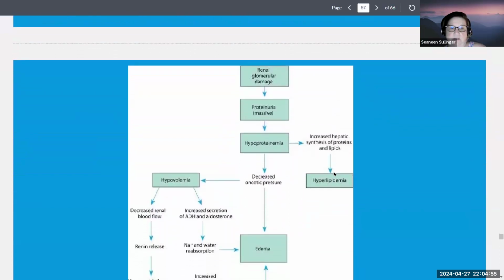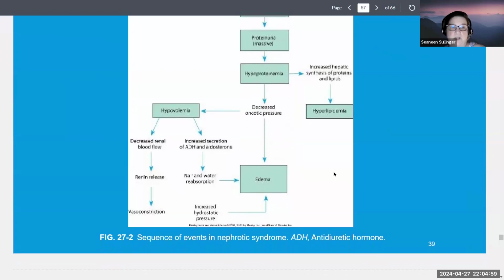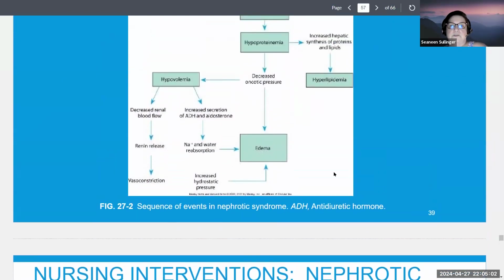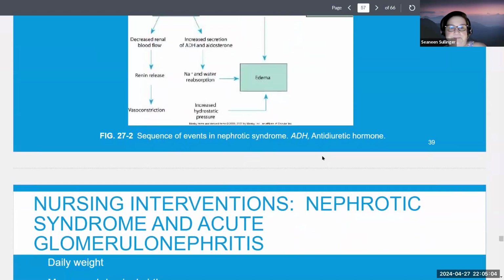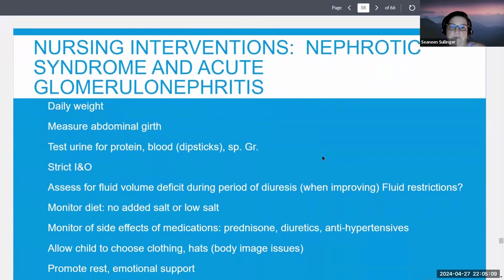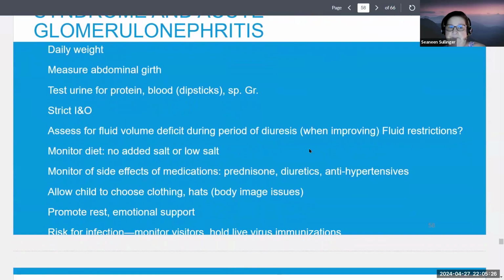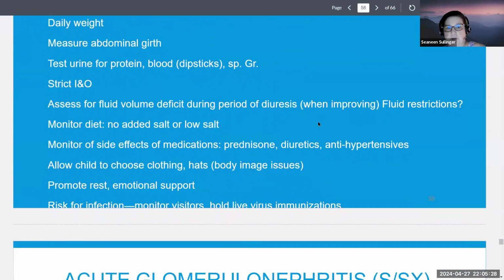This is just a diagram in case it helps you understand where the edema comes from in terms of the pressures, because you do also see hyperlipidemia with nephrotic syndrome. If you're looking at interventions, the nursing interventions are very similar. Again, daily weights. We might check abdominal girths, do urine dipsticks for specific gravity, protein, and blood, and strict I's and O's. The diet is no added salt or low salt.